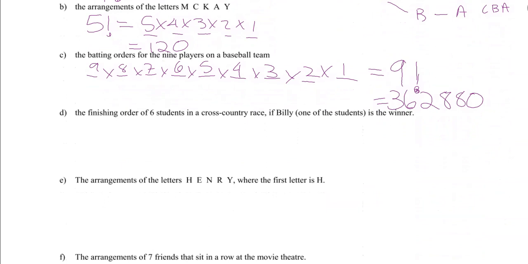Finish order of 6 students in a cross-country race. If Billy is the winner, and Billy's one of the students, how many ways can that be done? 5 factorial. So here's one way to think about it. When I show you answers, I'm going to show you a fundamental counting principle way of doing it and a permutation way of doing it.